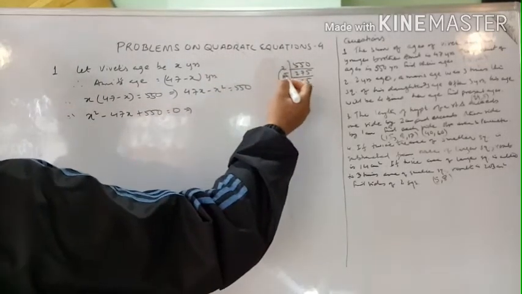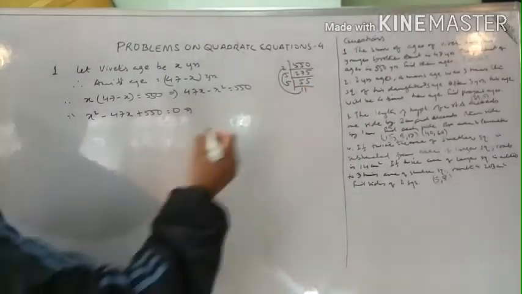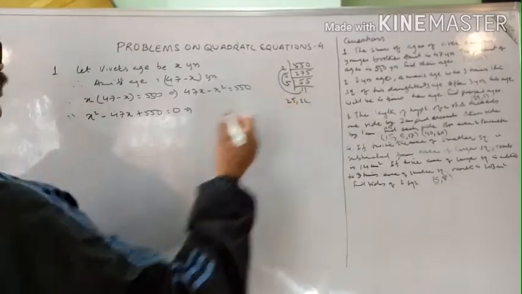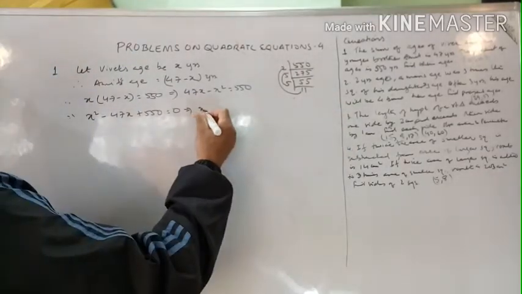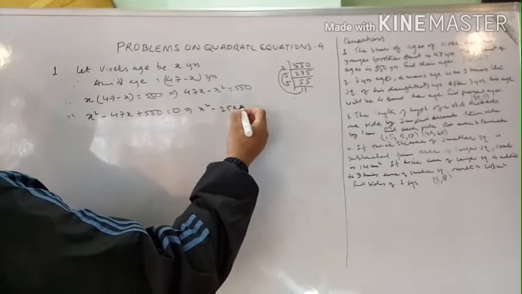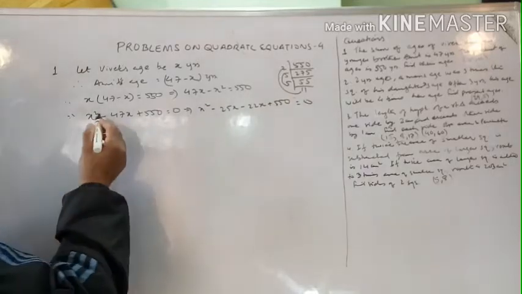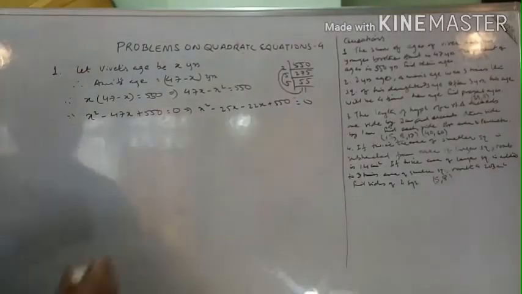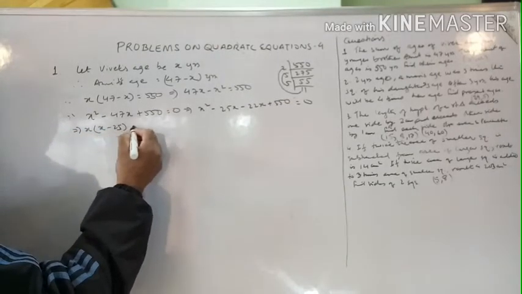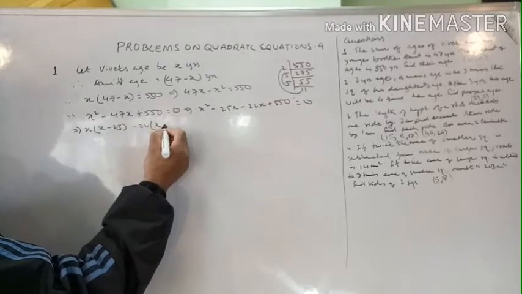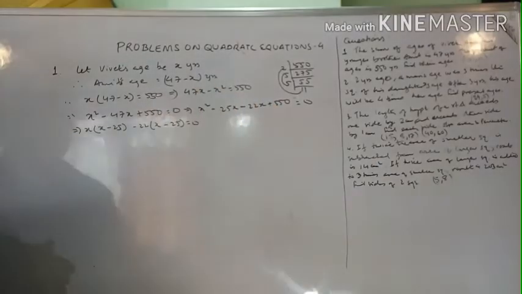If you make 11 into 22 and 5 into 5 is 25, then 25 and 22 will give you 47. So the two numbers are 25 and 22. This gives x square minus 25x minus 22x plus 550 equals 0, because when you add you get 47, so the signs should be the same. Take x common: x into (x minus 25), and take minus 22 common: minus 22 into (x minus 25) equals 0, because when you take the minus sign common, plus changes to minus.